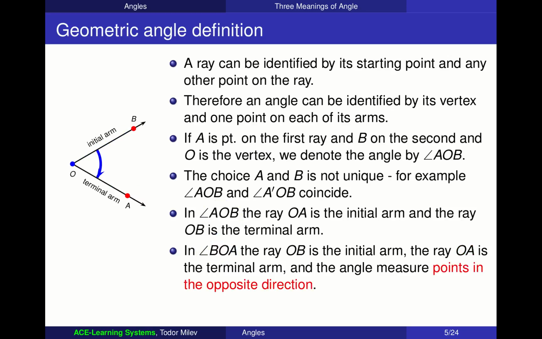Then the angle measure would be depicted as an arc which points in the opposite direction. Once again, the angle measure of a geometric angle always points from the initial arm to the terminal arm. The two geometric angles AOB and BOA are, of course, different.